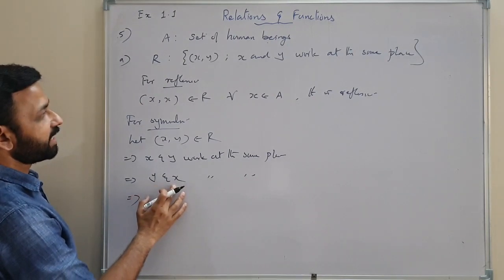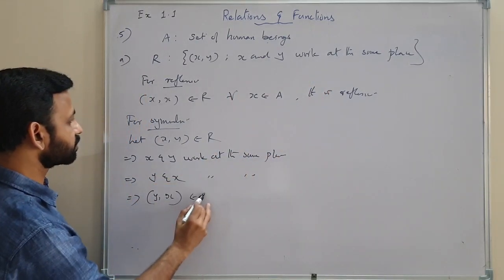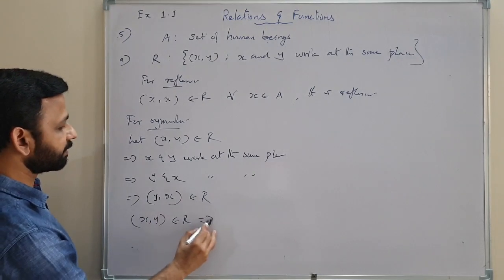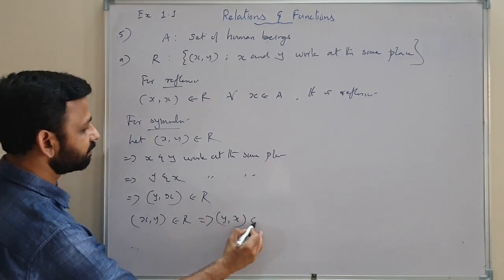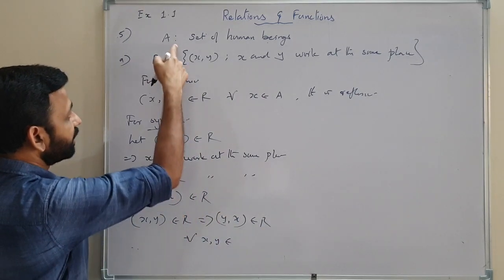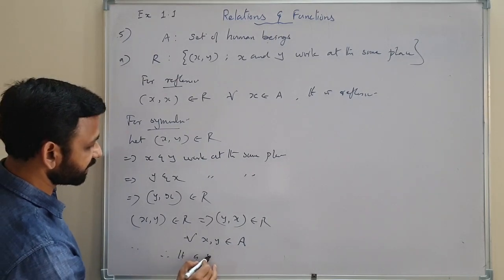If y and x work at the same place, that is the ordered pair (y, x) belongs to R. That is, (x, y) belongs to R implies (y, x) belongs to R for every x, y belongs to A. Therefore, it is symmetric.